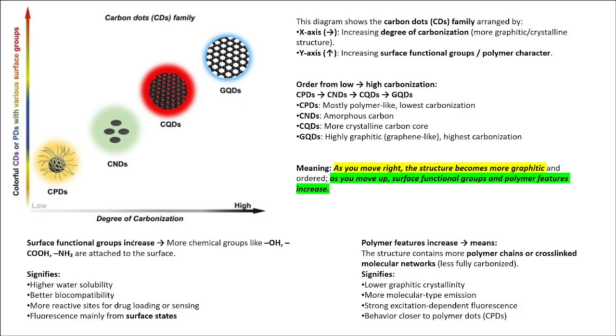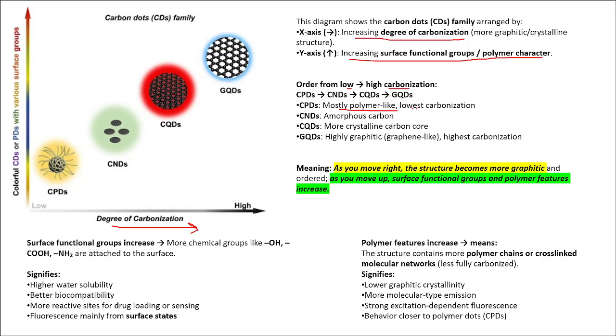Now this particular figure shows that from CPDs to graphene quantum dots, as we move from CPDs to GQDs, the degree of carbonization increases. This diagram shows the carbon dots family arranged by x-axis, increasing degree of carbonization, and increasing surface functional groups or polymer character. Ordered from low to high carbonization: CPDs, CNDs, CQDs, GQDs.